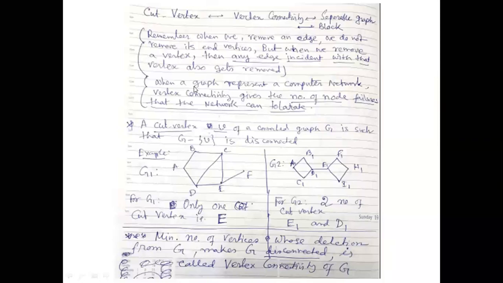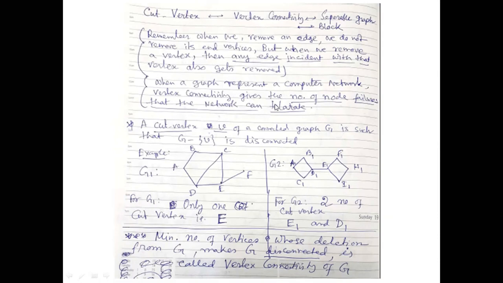Another thing we have to consider is the application. If a graph represents a computer network, what does vertex connectivity mean? The vertex connectivity gives the number of node failures that the network can tolerate.